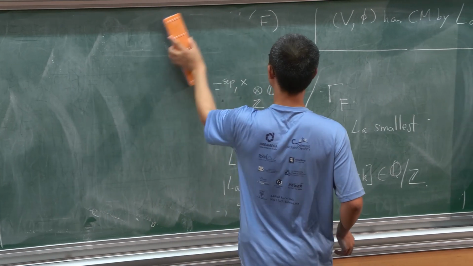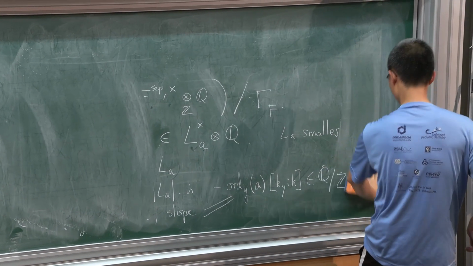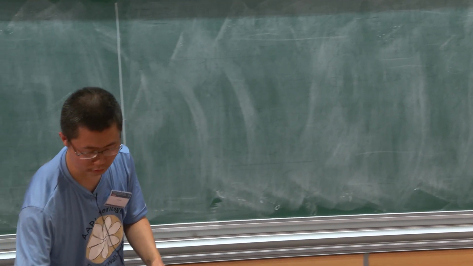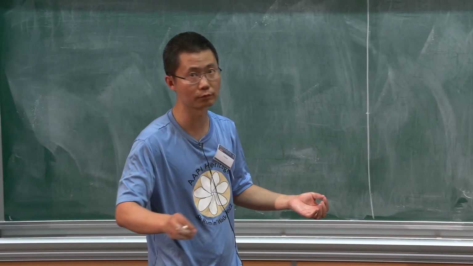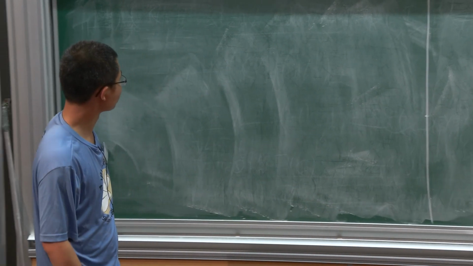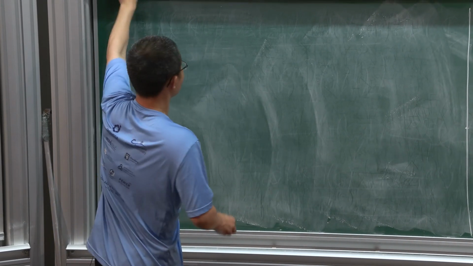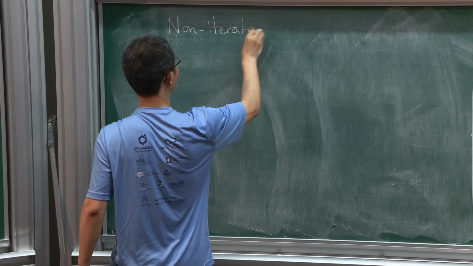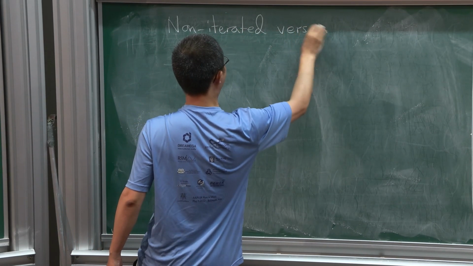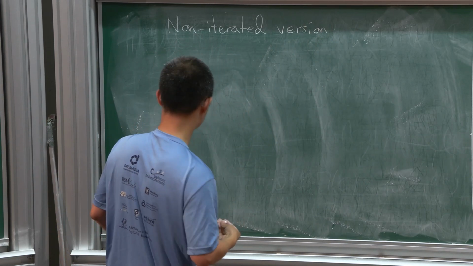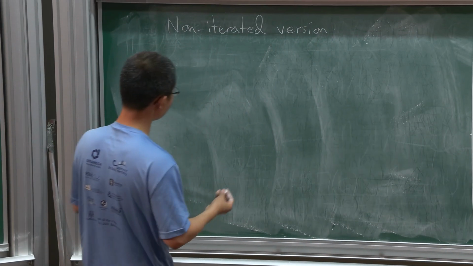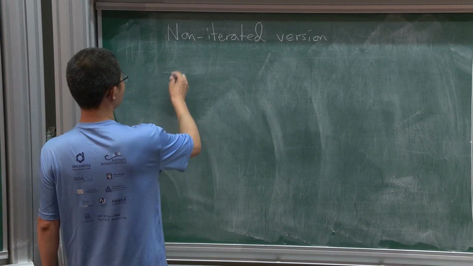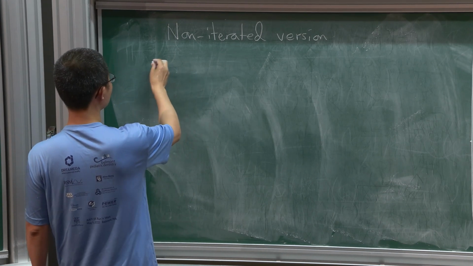So far, we have worked with the iterated version of Shtuka, which means a bundle with several ordered steps of modification, arriving at its Frobenius pullback. There's also a non-iterated version, which is actually harder to define, at least if you want a bounded version.